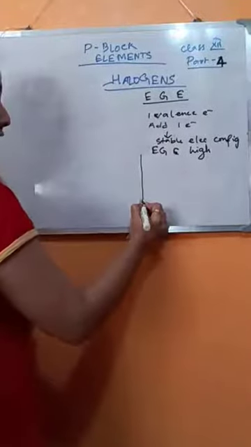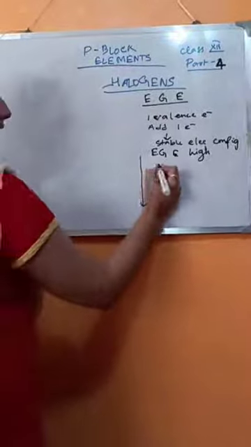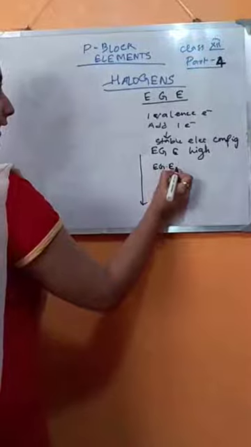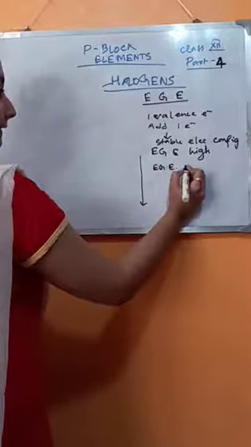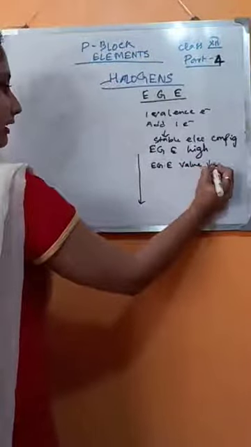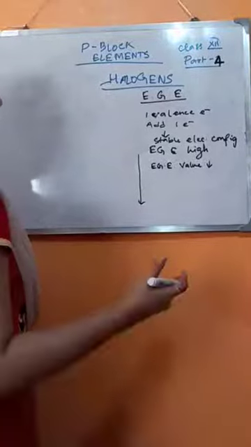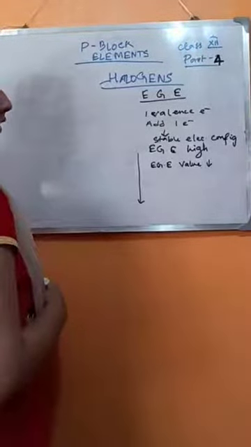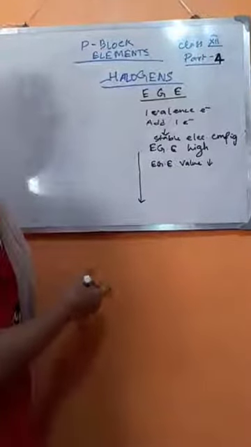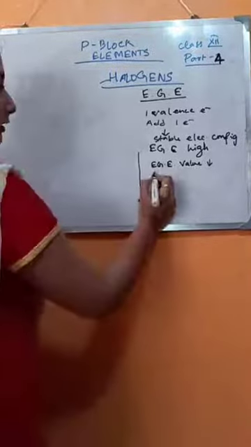As we move down the group, the electron gain enthalpy value decreases. Now why as we move down the group the electron gain enthalpy value decreases? Because as we move down the group, normally the size of the atoms increase.